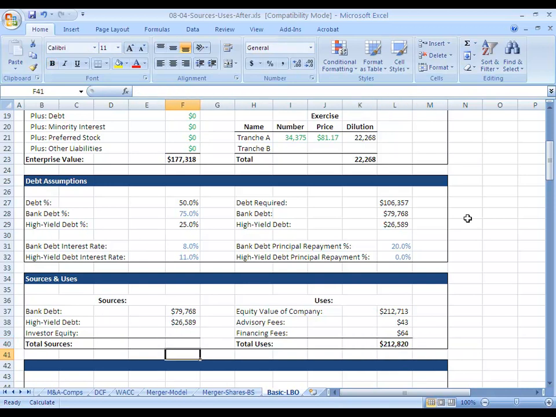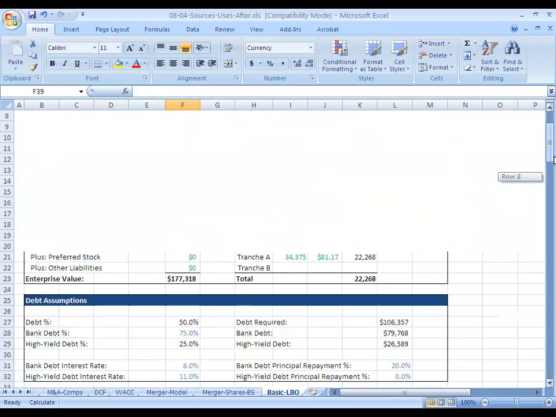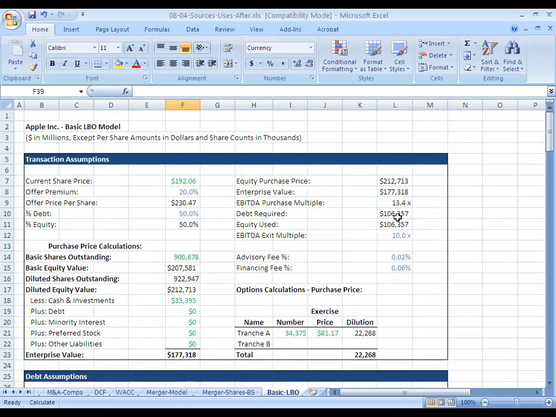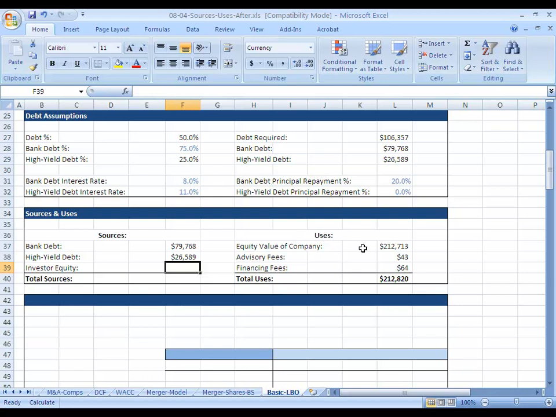So if you think about this, under normal circumstances, if we did not have the advisory and financing fees right here, we could just say that the equity required up here is simply equal to the investor equity. But what we have to do instead to figure out how much cash the investors have to contribute is take our total uses right here and then subtract our sources so far.